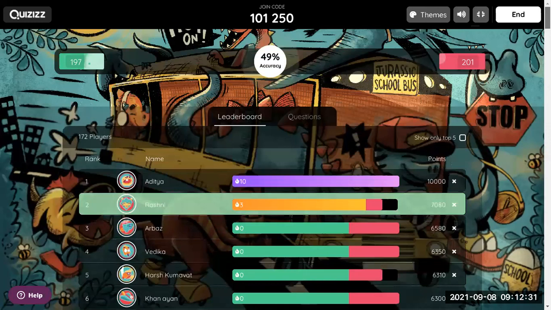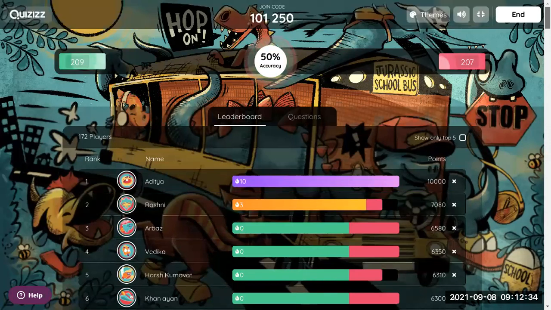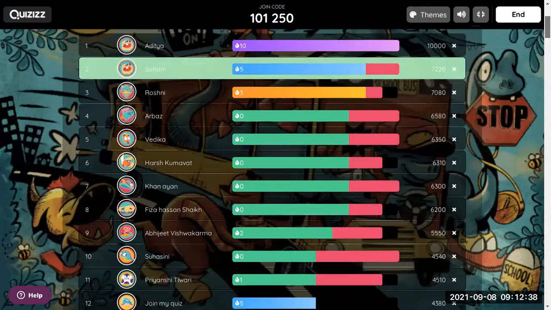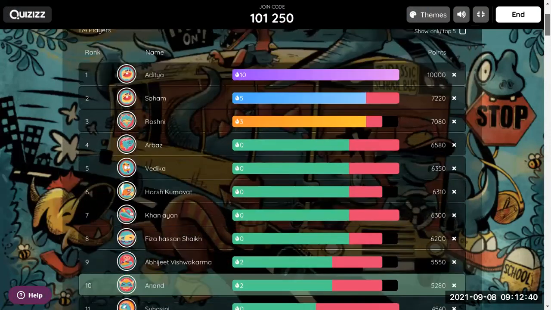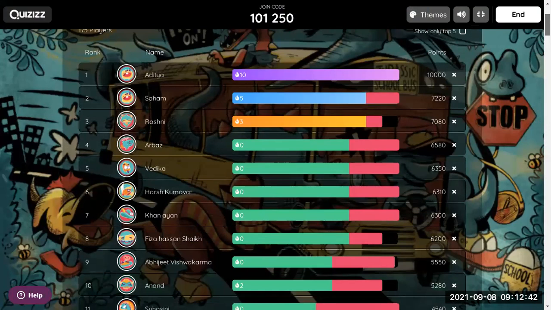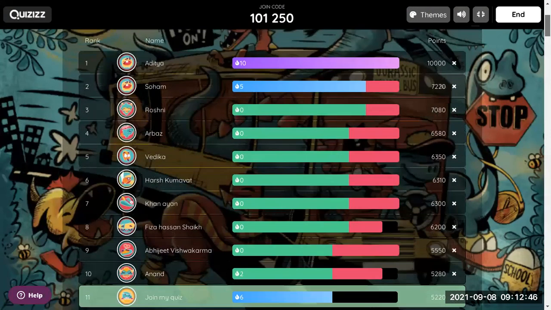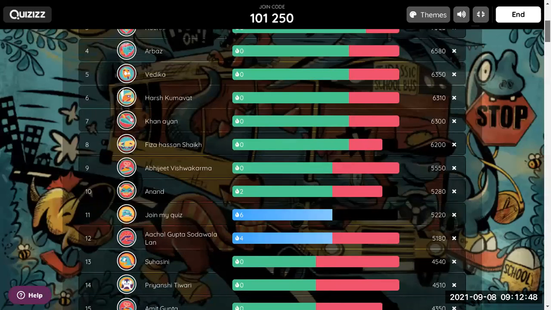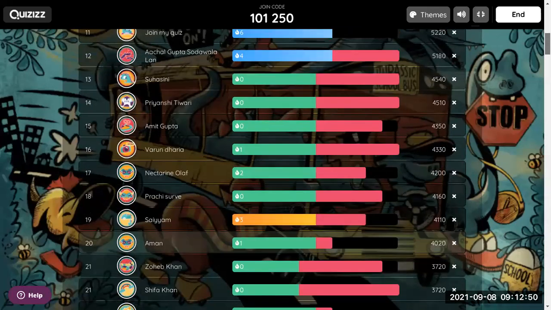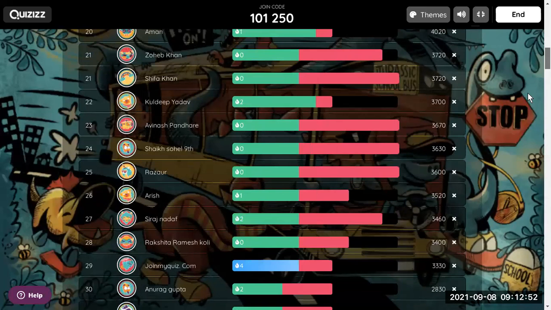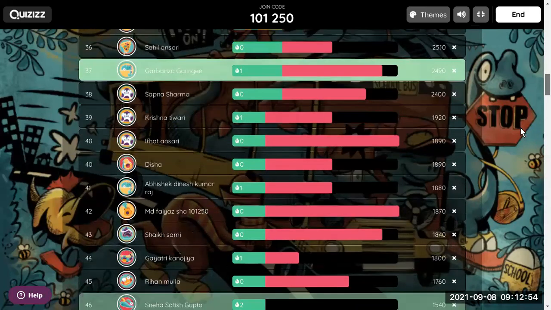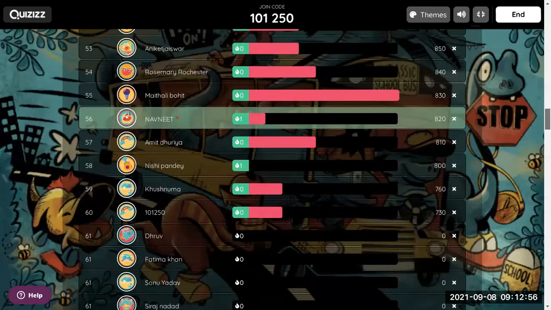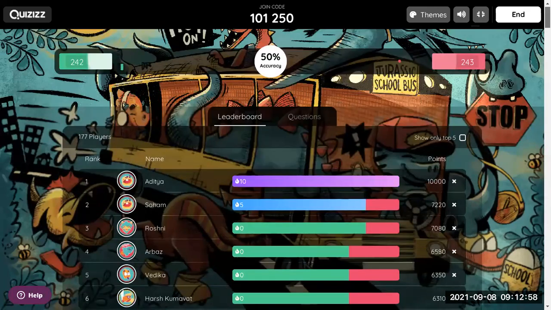Aditya and Gautam, well done. Sohan, fantastic. Roshni, well done. Try to select the right one.